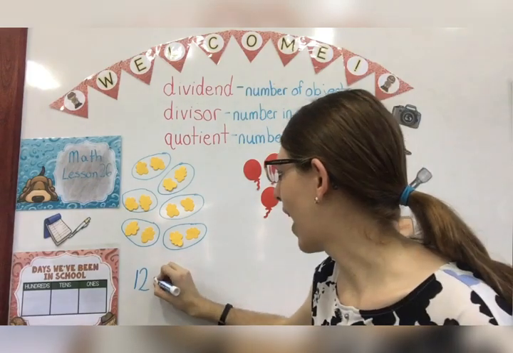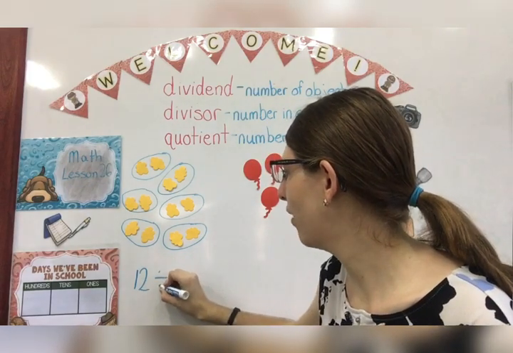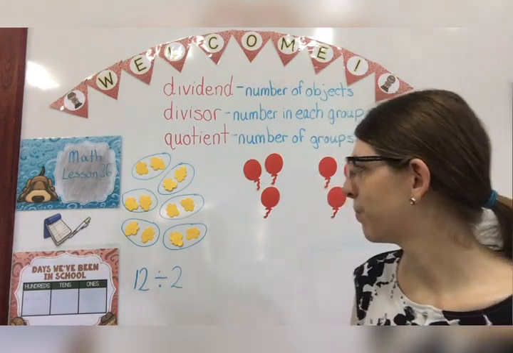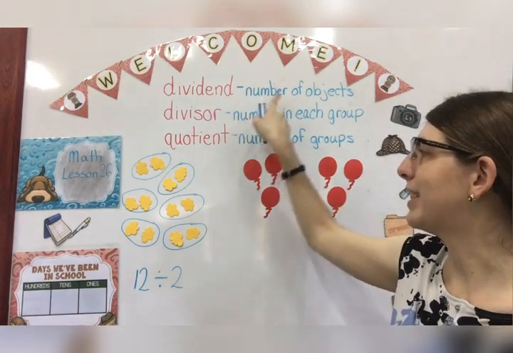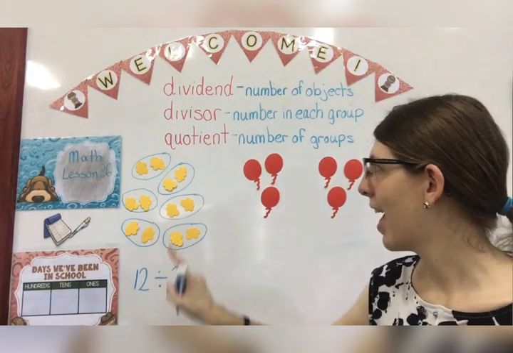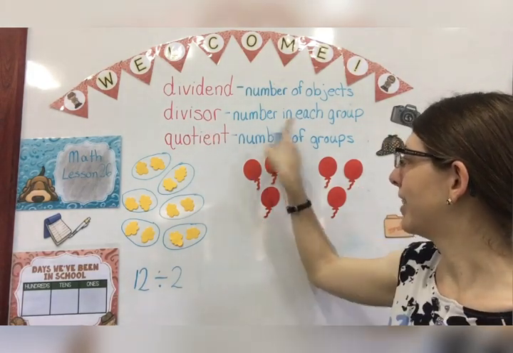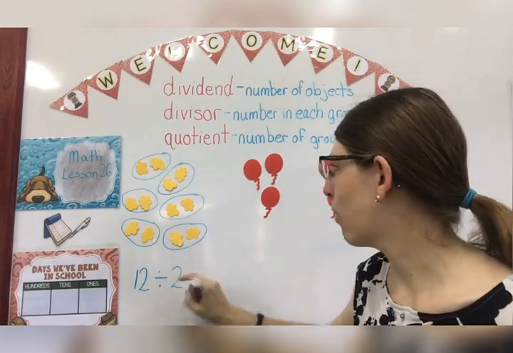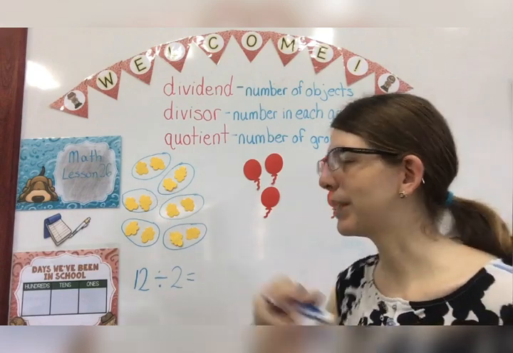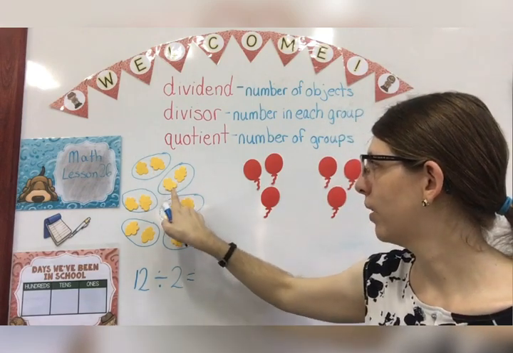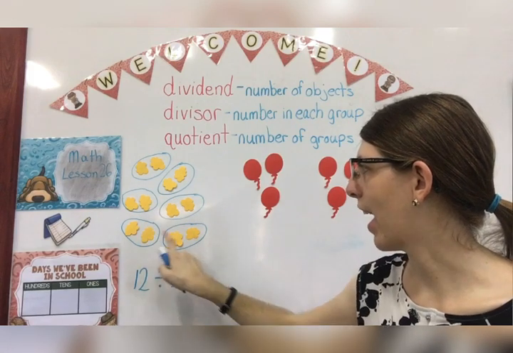So I divide my 12 palomitas into groups of 2. So this is my dividend. It's my number of objects, my number of palomitas. This is my divisor. It's the number in each group. So now I want to know my quotient, my number of groups. Well, if I count the number of groups I have 1, 2, 3, 4, 5, 6.